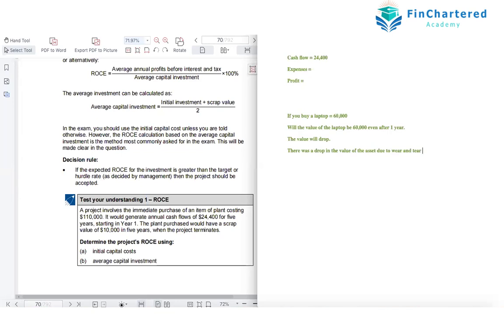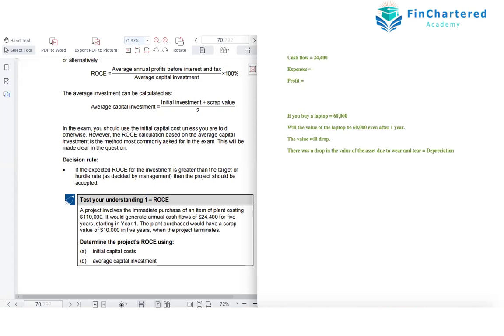So as you use it, the asset will get worn out. Yes, Osama, that's right. That is relevant to the FR paper, right? The asset will get worn out. Yes, Nitesh, that's right. This wear and tear of an asset is known as depreciation. So instead of saying drop in the value of an asset due to wear and tear, you will make your life easy and just say one word, depreciation.